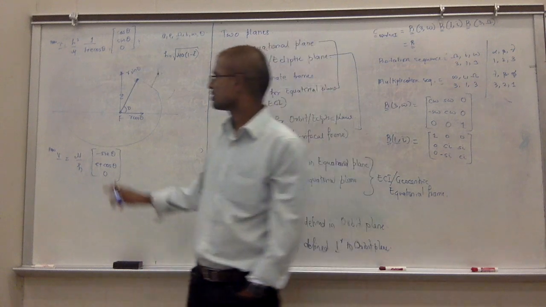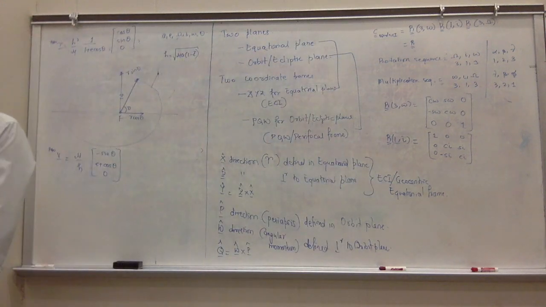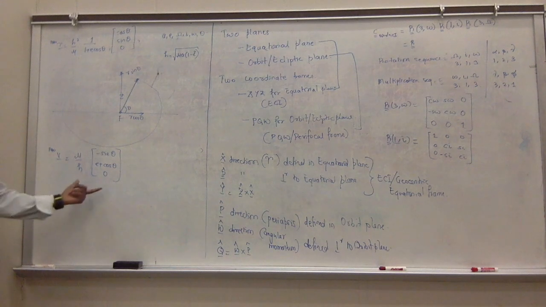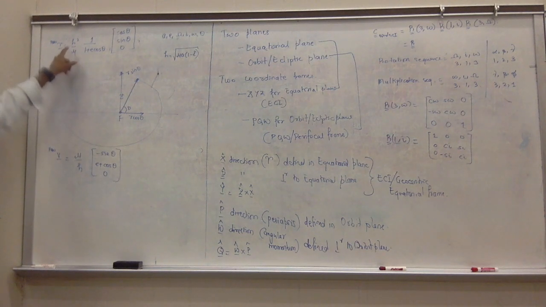And see, this is here. How did I get this? Can you tell me? I found the derivative. Exactly. So if I take a derivative of this, what is the derivative of this itself? See here, this is constant, right?